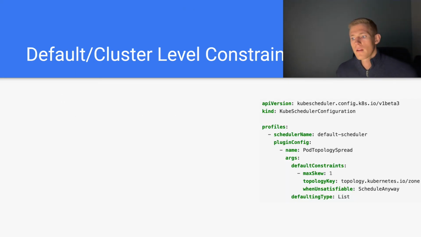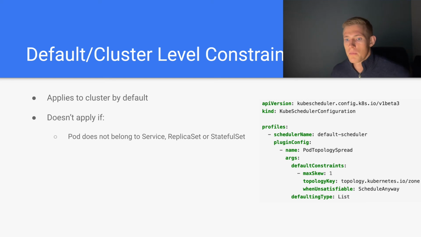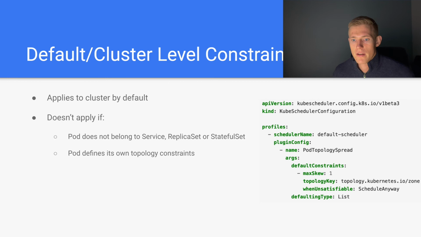Now, on top of specifying topology spread constraints for particular pods, we can do it at a cluster level as well. And these are applied to the cluster by default, and they don't apply if the pod does not belong to a service, replica set or stateful set, or if the pod defines its own topology constraints.